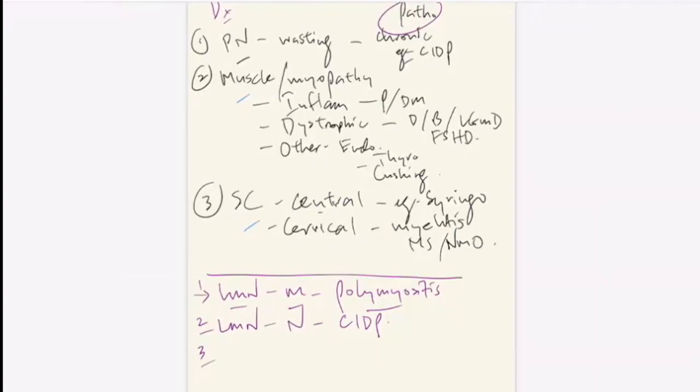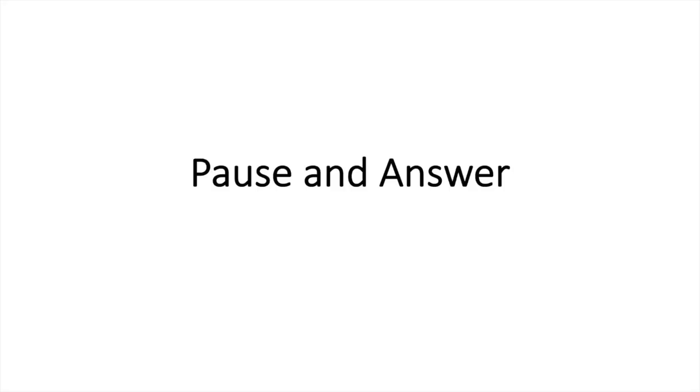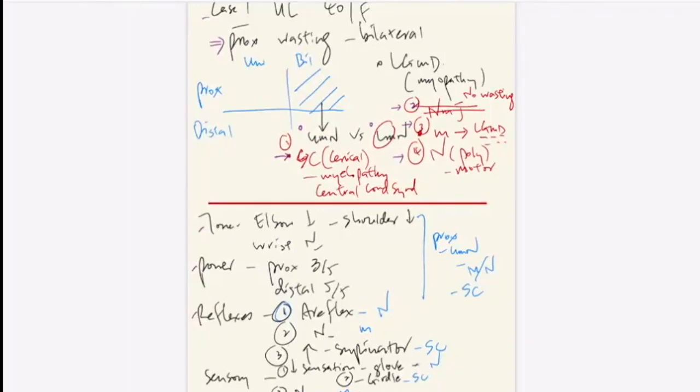So let's say this patient has syringomyelia, which is a spinal cord lesion in the central cord region. This middle-aged lady has wasting of both proximal muscles, and the power of shoulder abduction and elbow flexion, which are C5, 6, you remember, are weak, whereas the elbow extension and wrist power are all normal.